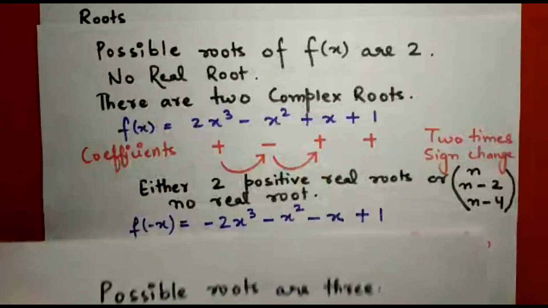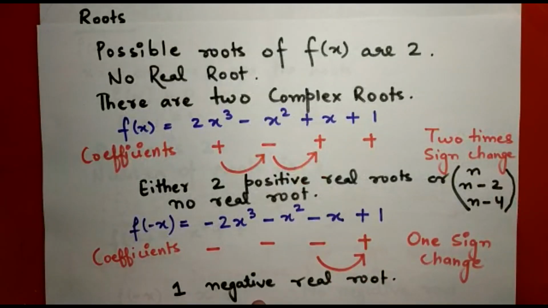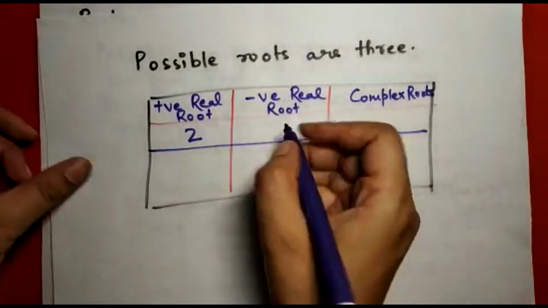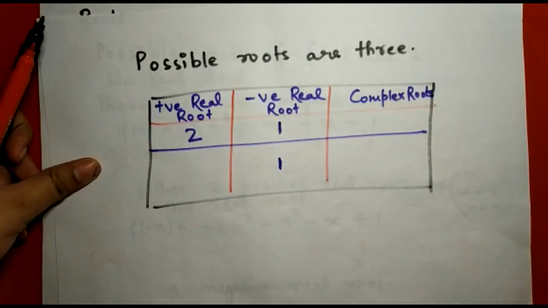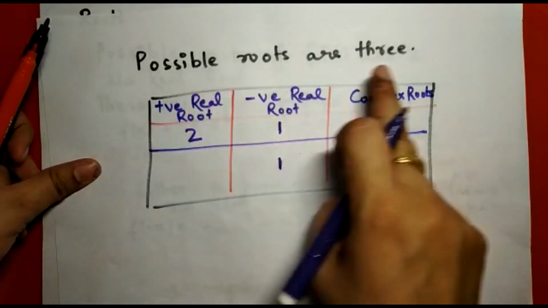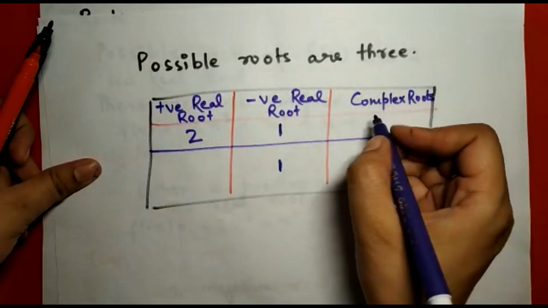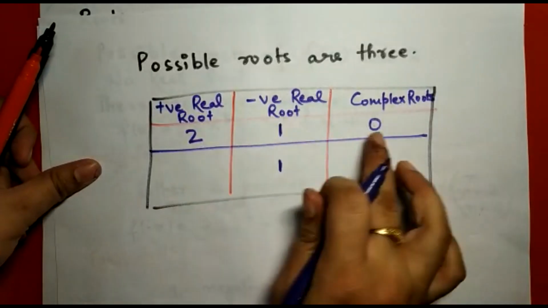One negative real root is compulsory. You cannot change this. So one negative real root here also. Total possible roots are 3, so 2 plus 1 is 3. So there are no complex roots in this case.